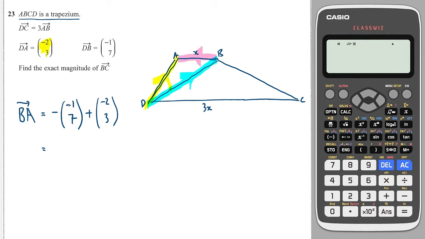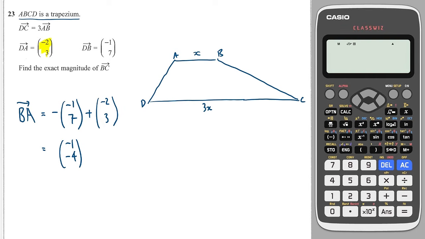So minus 1, that's 1, and then plus minus 2 is minus 1. And then we've got minus 7 plus 3 is minus 4. Okay, great.